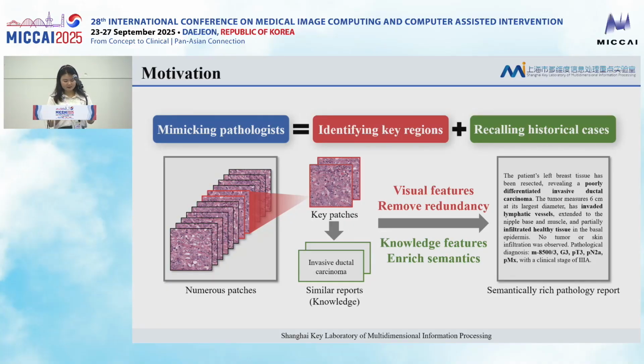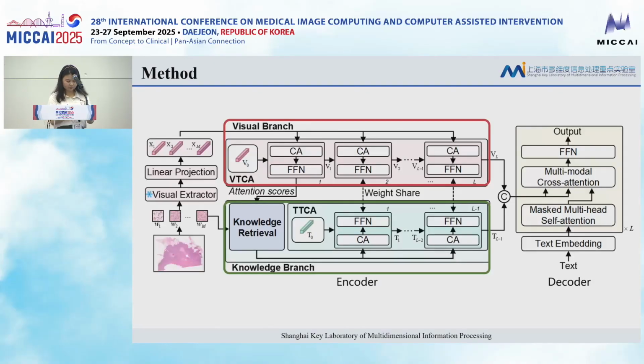Accordingly, to tackle the issues of information redundancy and lack of semantic guidance, we propose to mimic this workflow. First, identify key regions and then retrieve similar historical reports to provide semantic knowledge. This knowledge, together with visual information, guides the pathology report generation.